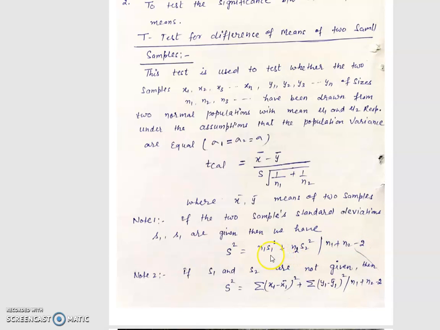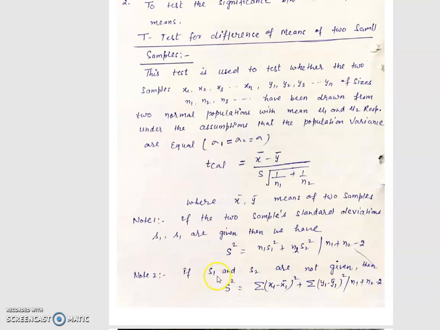And I have already told you what is s1 square. This is sigma (x minus x bar) whole square upon n1 minus 1. This s2 is sigma (y minus y bar) whole square upon n2 minus 1.